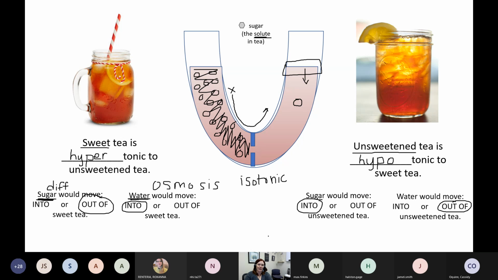So I'm getting ahead of myself a little bit here, but when we were talking about things like sodium and chloride and potassium, how they weren't equal inside and outside, with those things, we can't actually do diffusion and we can't actually do osmosis. That's the only way it's possible for us to have different concentrations. Because if we could do diffusion or osmosis with something, we're going to end up equal. So it's only the kinds of things that we can't do diffusion and osmosis with. Those are the only things that won't be equal. Everything else will be equal. Absolutely.